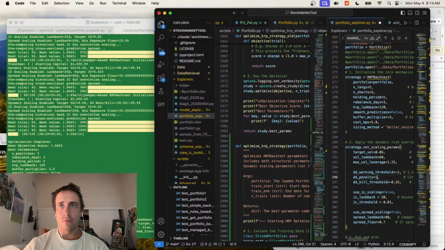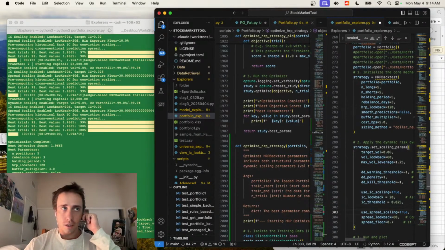Penalty 1. Kill threshold -1. IC scaling is true now. IC look back 20 days. IC threshold 0.025. Spread scaling true. Look back 20. Floor 0.5.